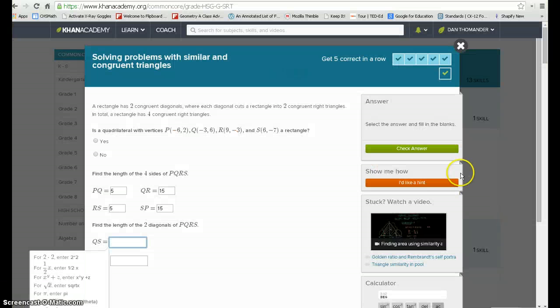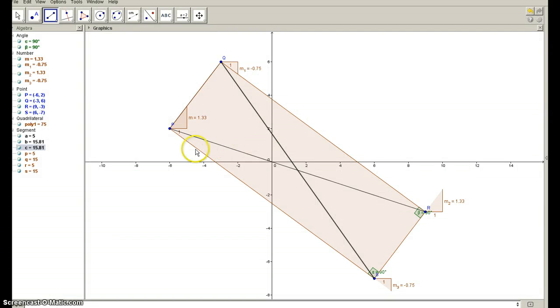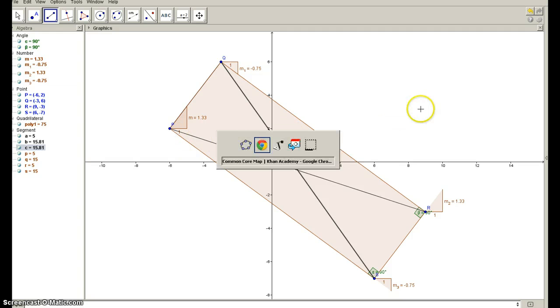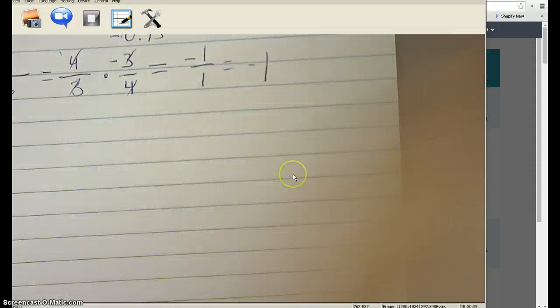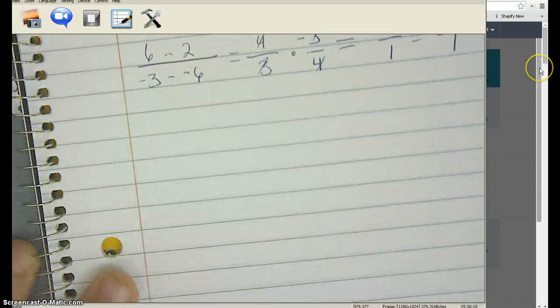Here we go. The Pythagorean Theorem, just to remind you, says that the measure of one leg squared plus the measure of the other leg squared is equal to the measure of the hypotenuse squared. So we should be able to confirm that here. Let's go to our paper and write it out.